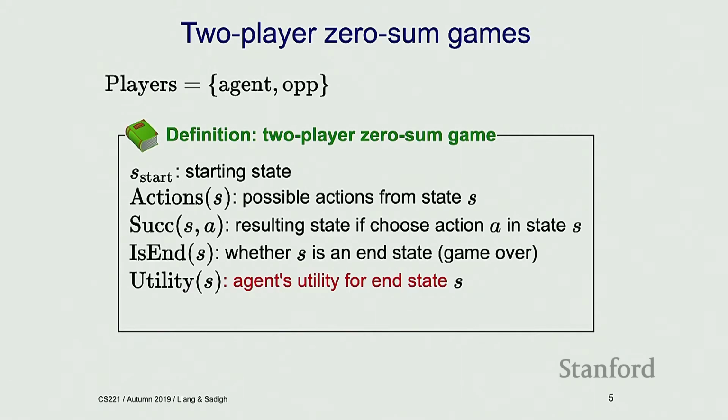As I'm making moves through my chess game, I'm not getting any utilities. You only get the utility at an end state. And the way we are defining the utility is we're defining it for the agent, because again we're playing from the perspective of the agent. So what would be the utility of the opponent? Minus that, right? So the negation of that would be the utility of the opponent.